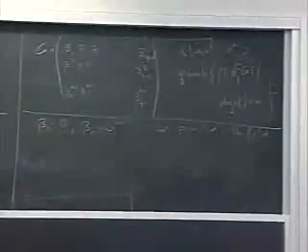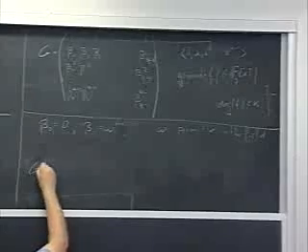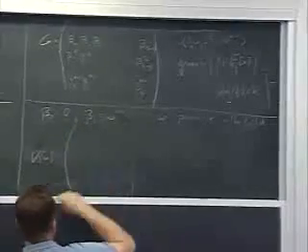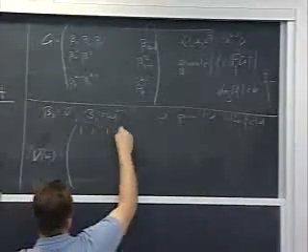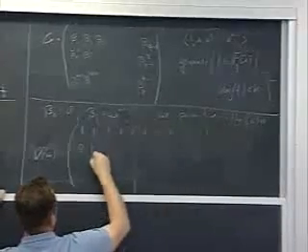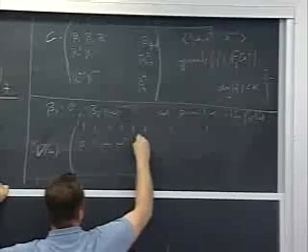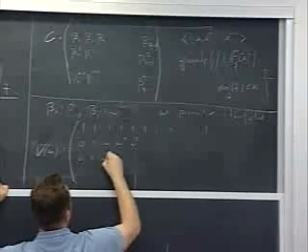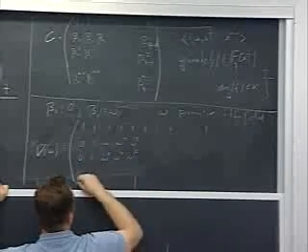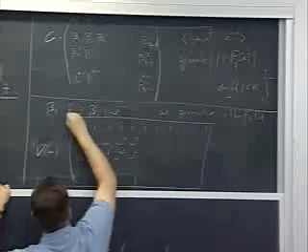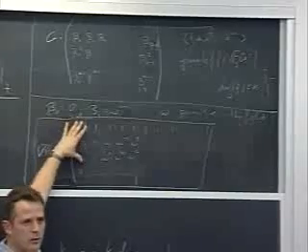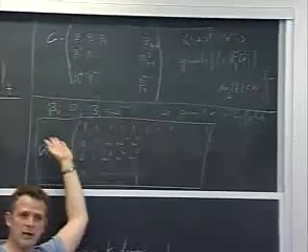Then we can write a matrix V of omega, and you see that the first k rows of this matrix would be a generator matrix of a Reed-Solomon code.